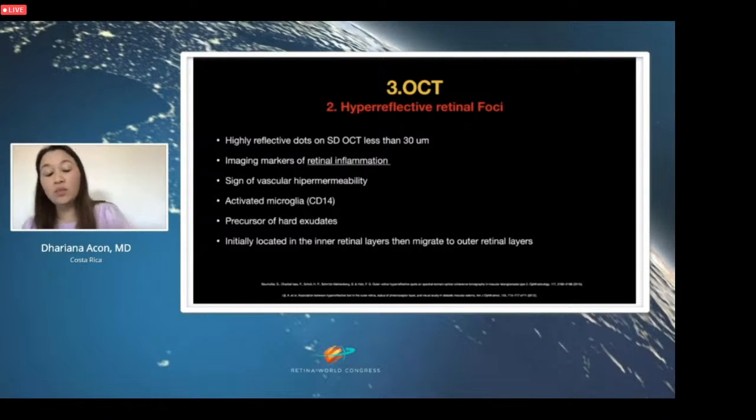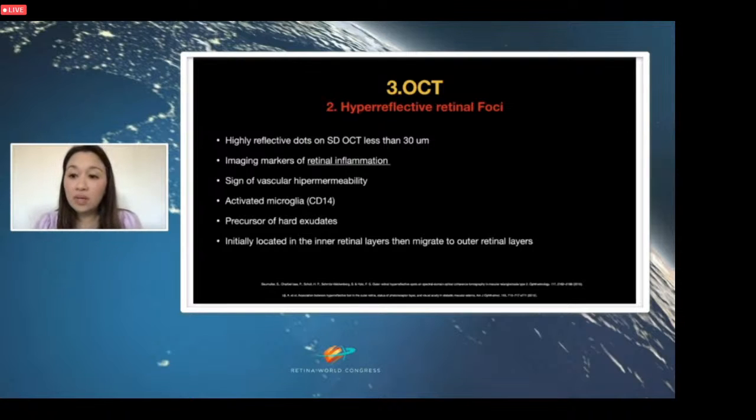Another biomarker we can see by OCT is the hyperreflective retinal foci, which are defined as highly reflective dots that measure less than 30 microns. It is an imaging biomarker of retinal inflammation and a sign of hyperpermeability, and these are usually precursors of hard exudates.